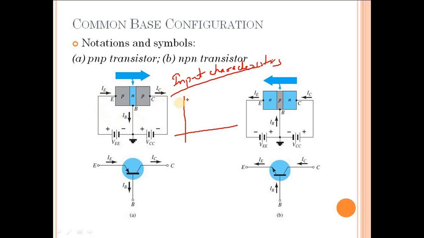That means we plot IE versus VBE, the input current IE versus the base to emitter voltage VBE, for different values of the output voltage VCB.